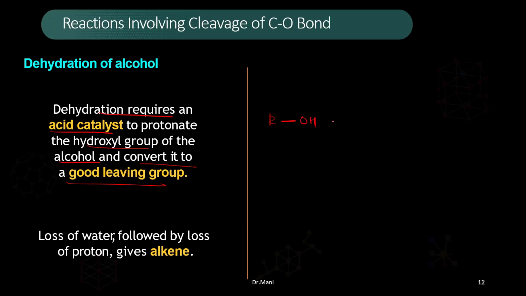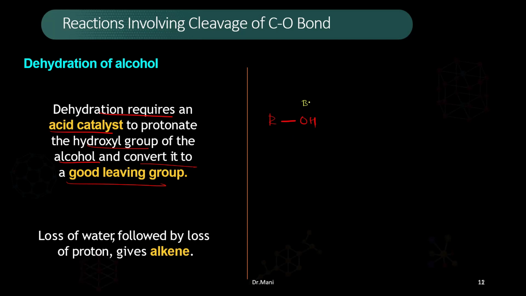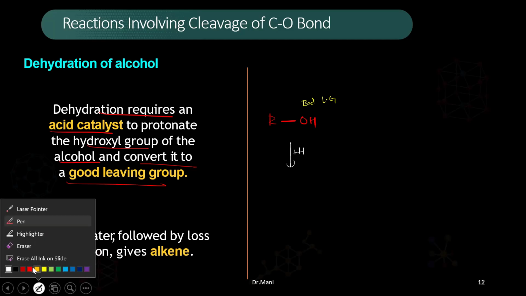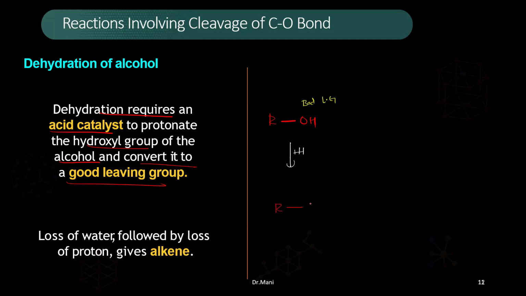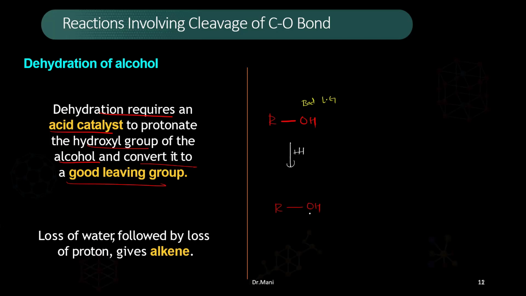So ROH, remember, is a bad leaving group. In order to make it a good leaving group, we need to add the proton. When you add a proton to the oxygen, it will become positively charged. Now this is a very good leaving group.